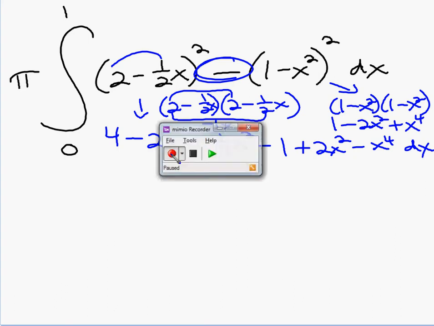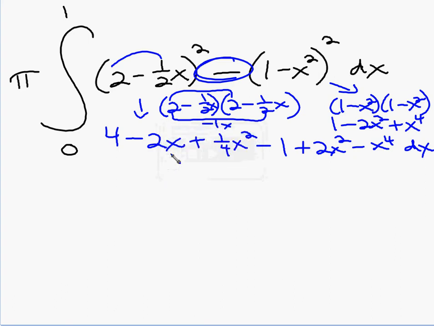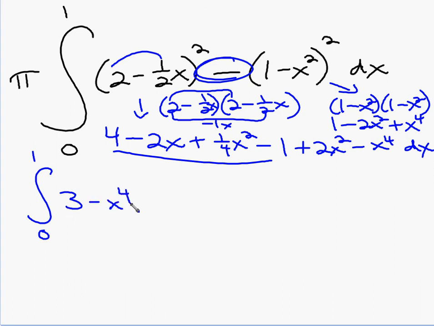So we can simplify a little bit now. I now have the integral from 0 to 1 of 4 minus 1 is 3. I only have 1x to the 4th, so I'll just write minus x to the 4th.